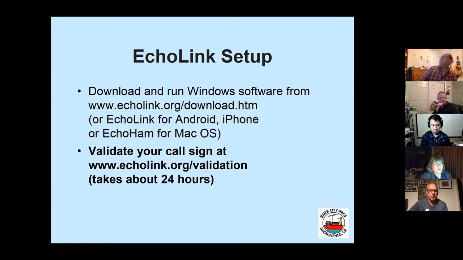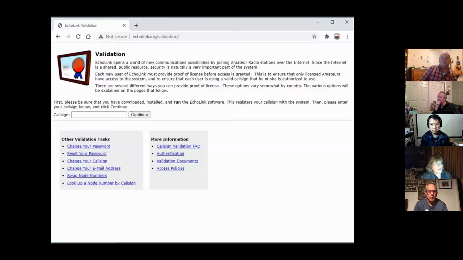The next thing after you install it is you have to run it at least once and do a setup so that the system knows that your call sign wants to access the system. Then you need to validate your call sign, and you do that at a website, echolink.org/validation.